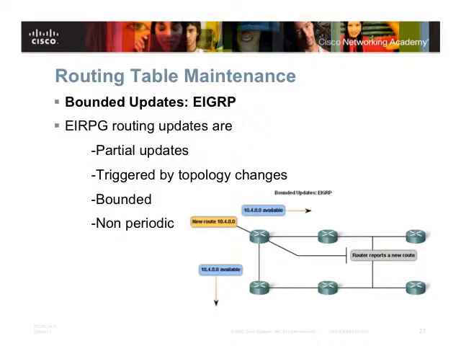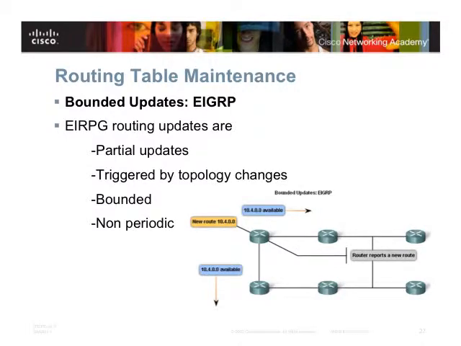And then once you attain convergence, you stop the updates. You don't have to keep sending updates, unlike RIP, which uses periodic updates all the time, even after convergence.